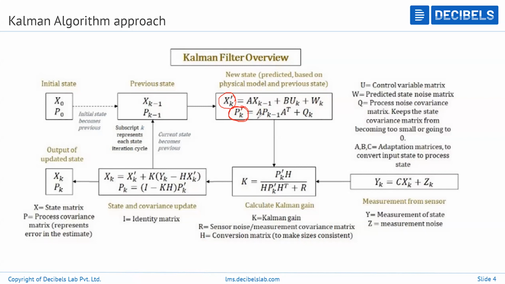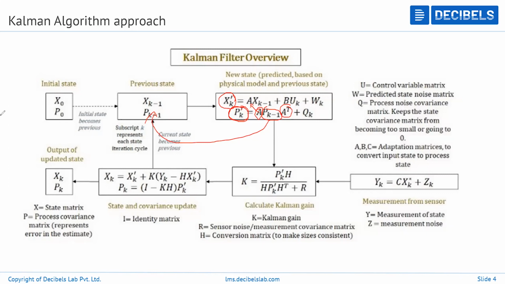You can see the A matrix is the same A we used for the state predict, and here we have taken A's transpose, and then P of k minus 1, which is of the previous state. We will explain how this previous state has to be considered.